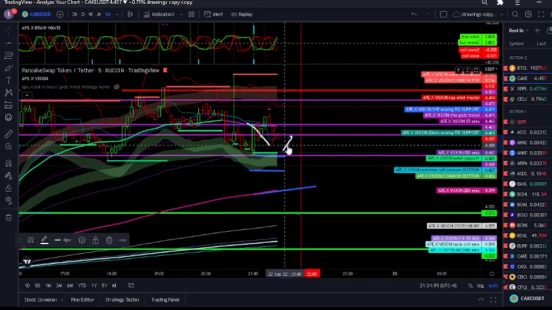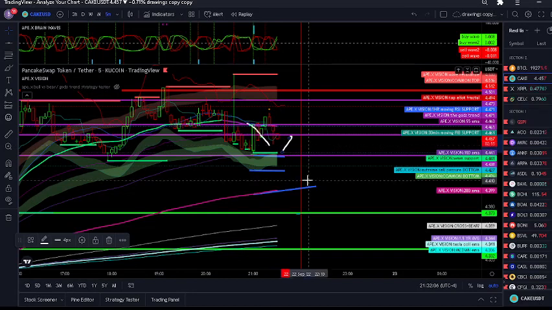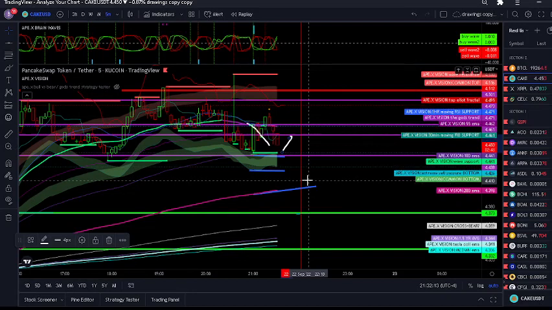The next bar after this one should be green. We still got 2 minutes and 45 seconds until the next bar.